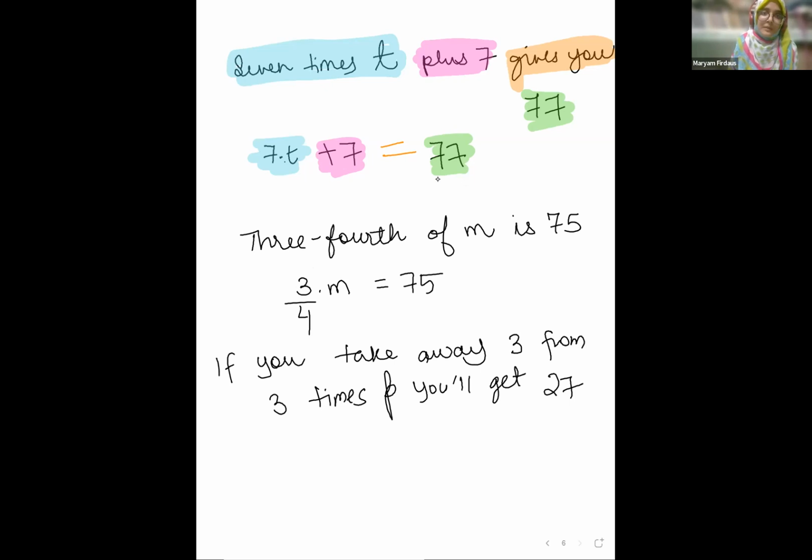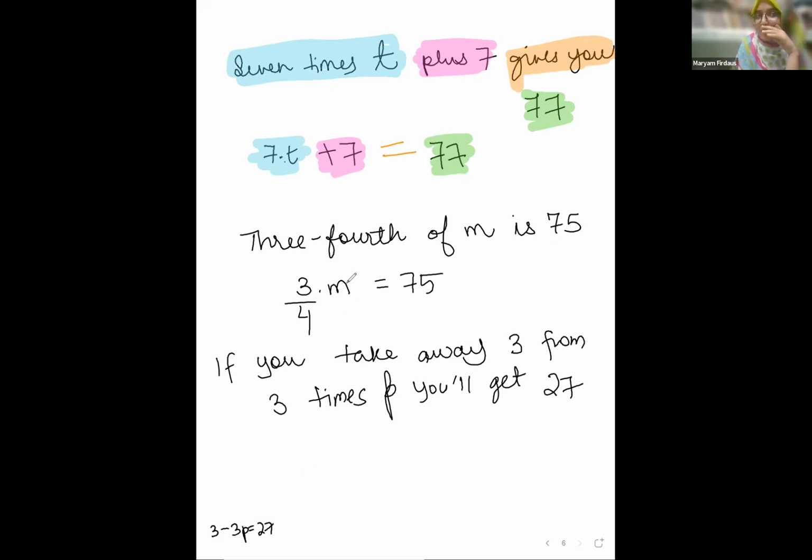First step, 3 minus 3P is equal to 27. Okay. So Hiba, you are saying, let me write this down somewhere. You are saying it will be 3 minus 3P is equal to 27.